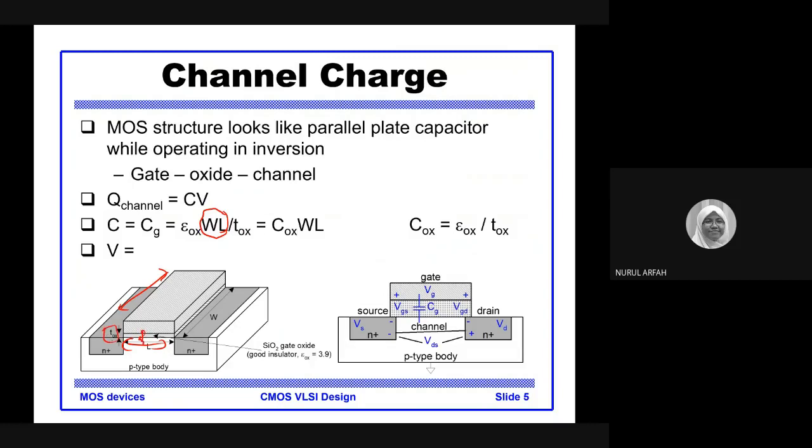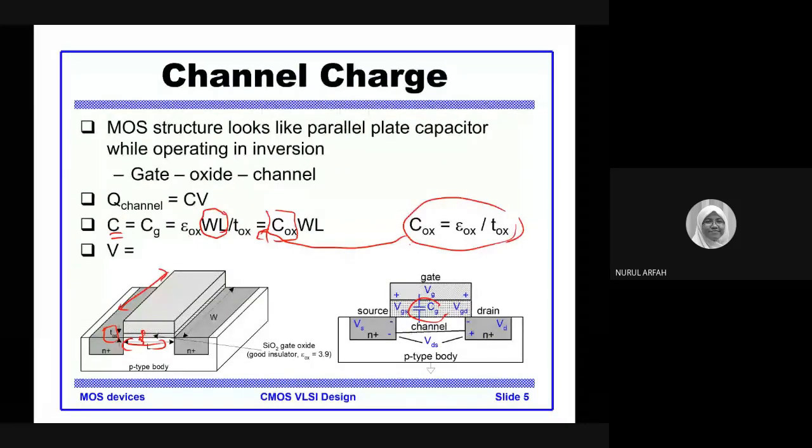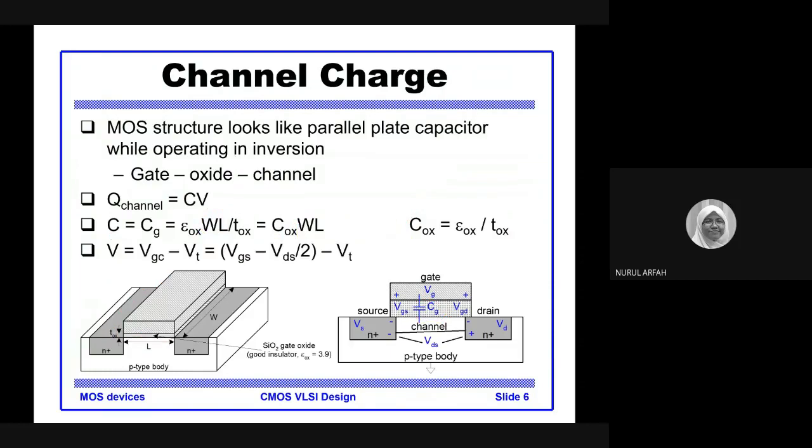If you substitute the equation on your right side into this equation, you will get this one, times the area. So you can control the capacitance value by making this oxide capacitance lower, because we want to reduce the parasitic capacitance as much as possible.